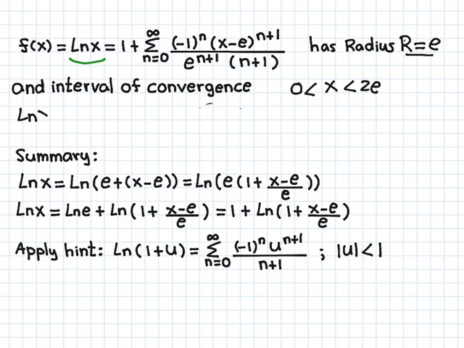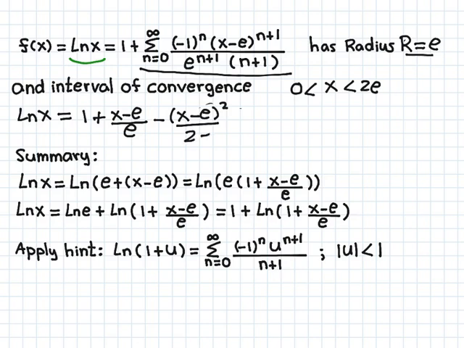We have log x is equal to, plug in n equals 0 inside the summation, and we're going to get (x minus e) divided by e. Plug n equals 1, and we're going to get minus (x minus e) squared divided by 2e squared. And plug n equals 2, we're going to get (x minus e) to the power of 3 divided by 3e cubed.